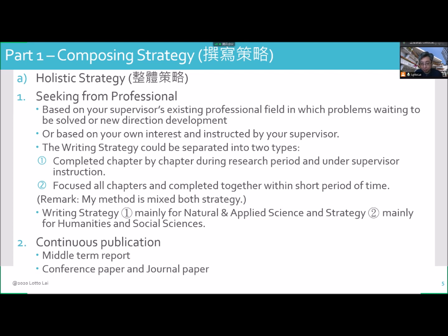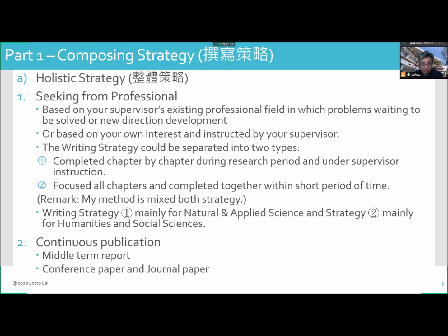My method is to mix both strategies. If you complete chapters one by one in the beginning, your literature review is okay, and then you can prepare a literature review conference paper or review paper. The second part is, when you have collected all the information and analysis, you need to consolidate it together in a short period of full time.